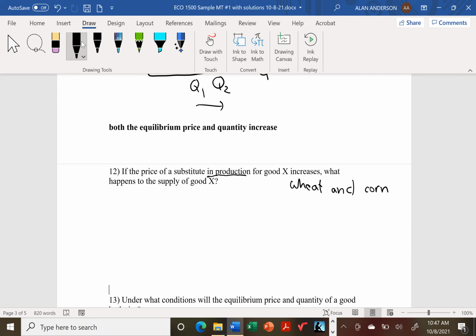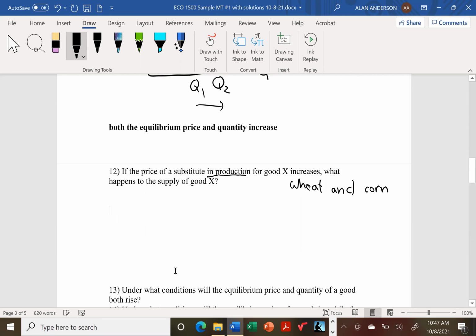So because of that, just imagine a scenario where a good X, and I'm just making up this example right now. You don't need to do all this in your answer, but suppose that X is wheat. Corn is a substitute in production for wheat.